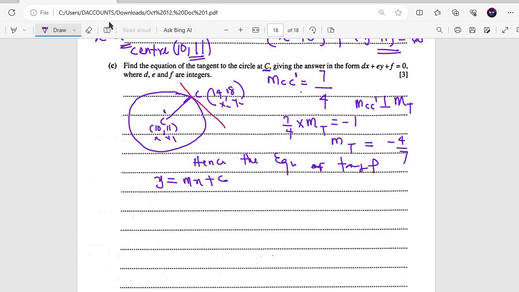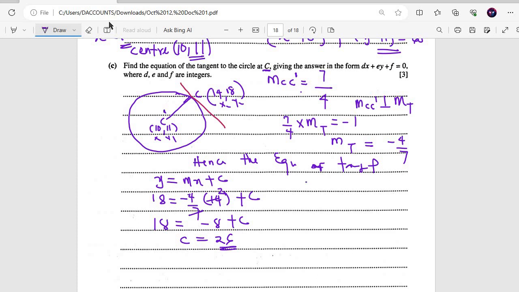At point C, y is 18, the gradient is minus 4/7, and x is 14, plus c. 7 here 1, 7 here 2. We have 18 equals minus 4 times 2, minus 8, plus c. So c will give us 26.